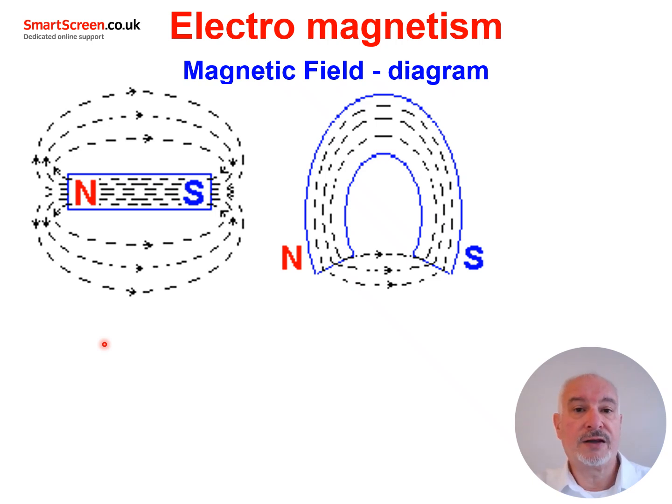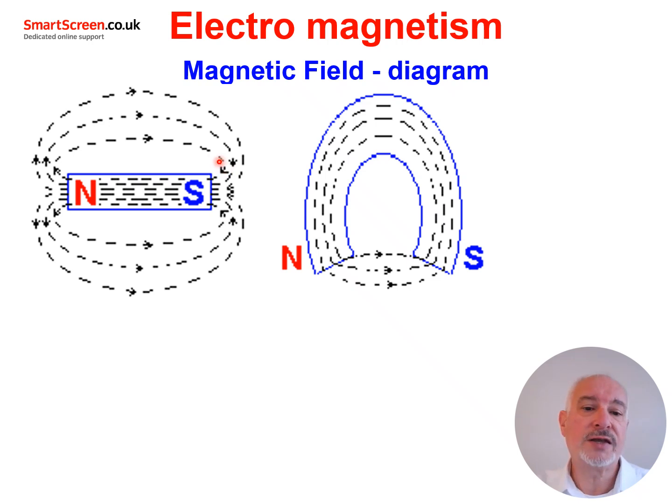Also, the lines of the magnetic field are all around the magnet, so it's a 3-dimensional magnetic field, but we're only showing, on a piece of paper, one cross section of that magnetic field. Okay, the other thing to note is there are arrows, and that's because the lines of magnetic field actually have a direction.